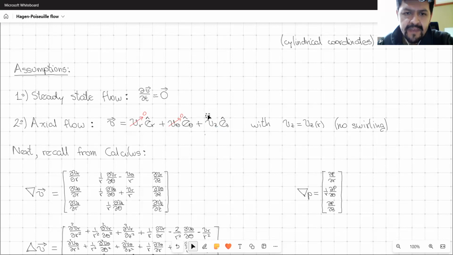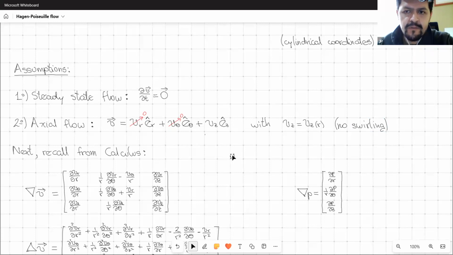On top of that, we will assume that this axial velocity term depends only on the radial variable, meaning that we will not take into account any dependence on the position along the axis or the position along the angle on the cylinder. Making those assumptions means that we are ruling out any kind of swirling, or some people also say that this is the axisymmetric flow assumption.